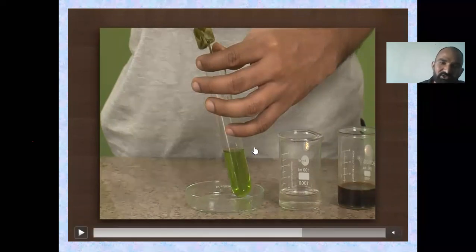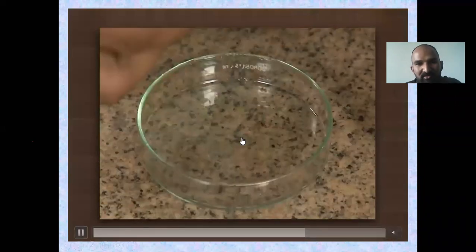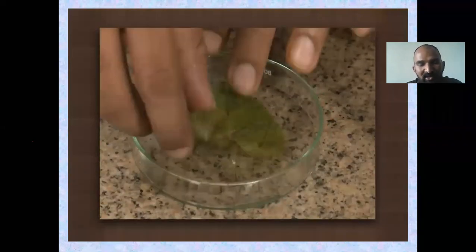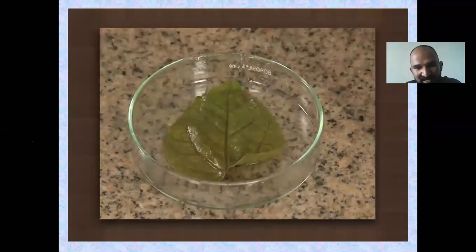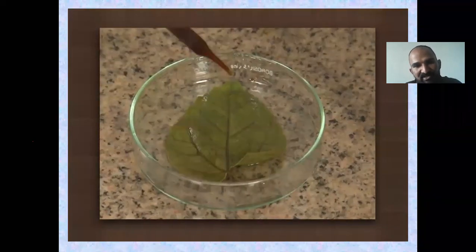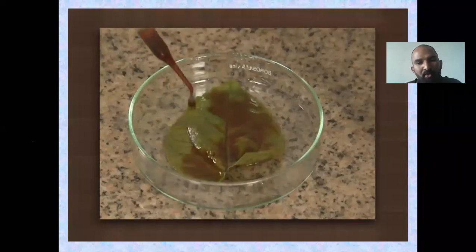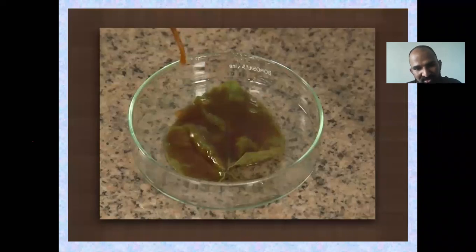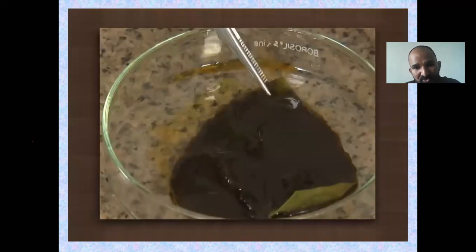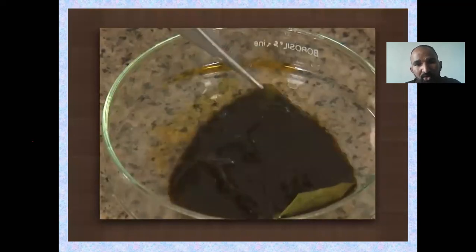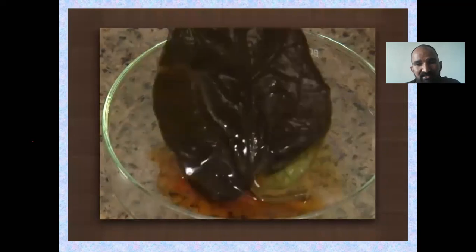So after that, we take the leaf out with the help of a spatula, and that leaf is placed on a petri dish. Then you add one or two drops of iodine on the surface of the leaf.